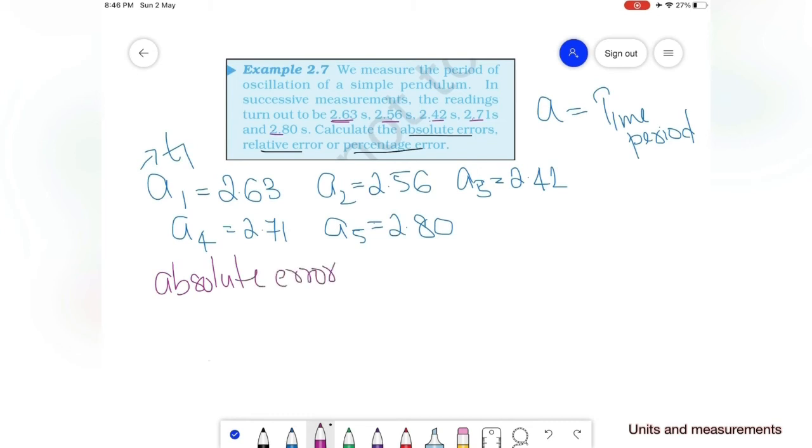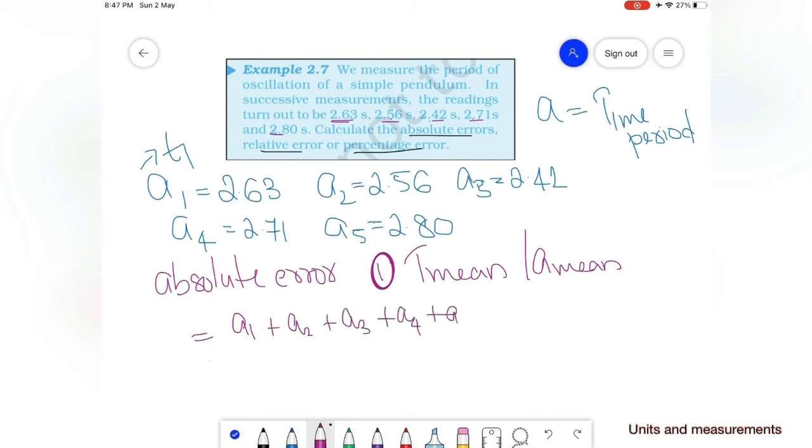So first question, how do you find the absolute error? So using the 3 steps, what is the first step? Find the T mean or A mean. This is equal to add all the values that is given to us, A1 plus A2 plus A3 plus A4 plus A5, and you divide it by the number of values. That is, here it is 5.